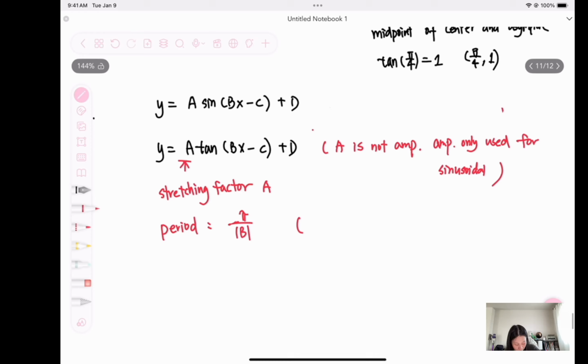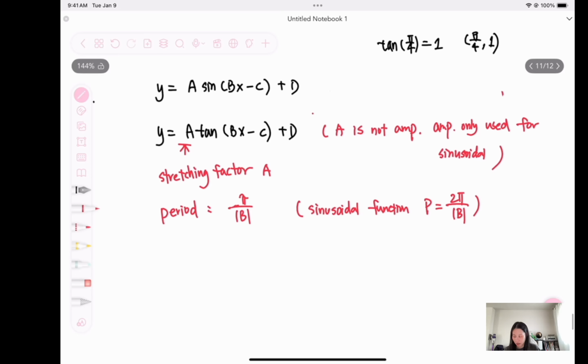Let me write this in here. So for a sinusoidal function, the period T is equal to 2 pi divided by the absolute value of B, because the period is every 2 pi. But for the tangent, the period is every pi.